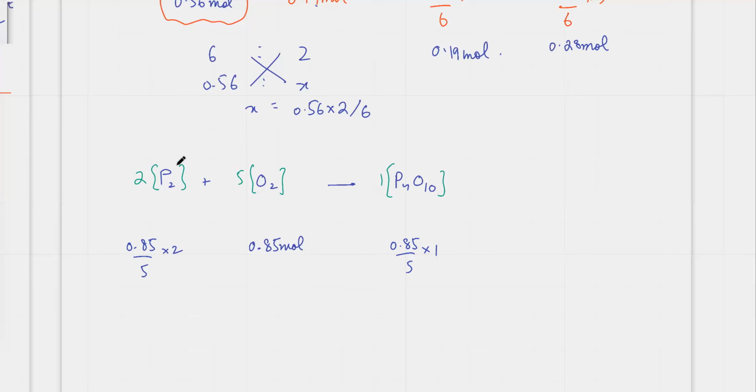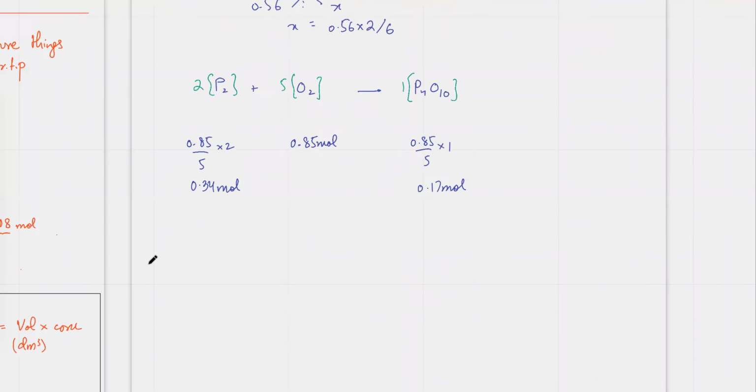So what do you get for P2? How many moles do you get? 0.34. Okay, so you're going to get 0.34 moles. And the next one, what do you get for this one? 0.17. Okay.